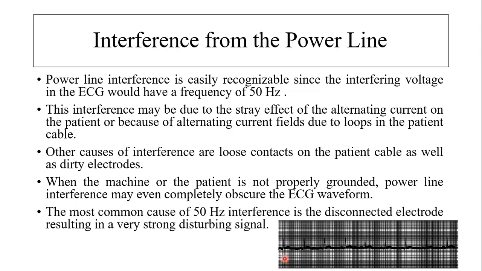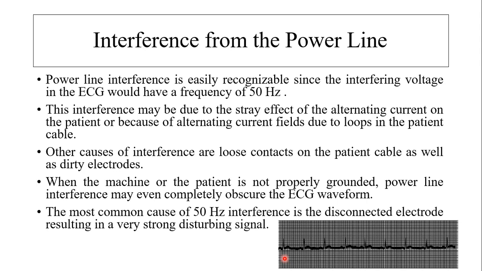Coming to the first one, interference from the power line. Here you can see how the ECG signal has noise or artifact. This artifact has many reasons. If the frequency of the main power is high, or the interference may be due to the stray effect of alternating current to the patient, or because of alternating current fields due to loops in the patient cable.